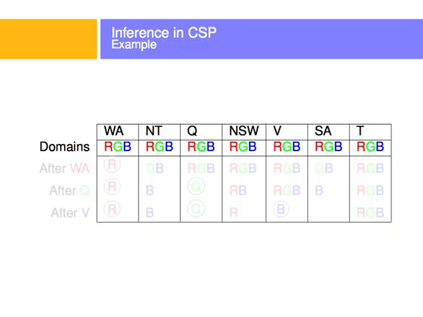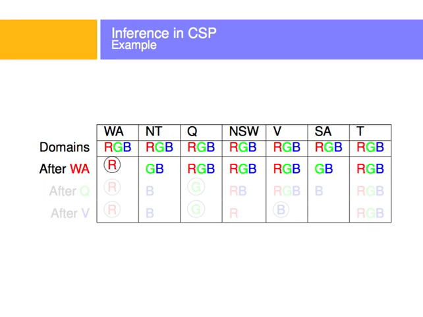For example, let's say we have the Australia map. So the Western Australia, Northern Territories, Queensland, New South Wales, Victoria, South Australia, and Tasmania. The domain for all of these is red, green, or blue at this point. But now let's assign red to Western Australia.